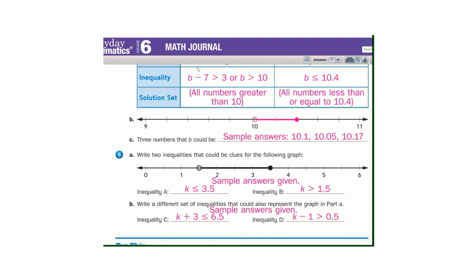So basically you take those from A, and you can add 1 to them, subtract 2 from them, on both sides. So they wrote K plus 3 is less than or equal to 6.5 because they added 3 to both sides. They subtracted 1 from both sides for inequality D. Those are just examples of what other possibilities would be.